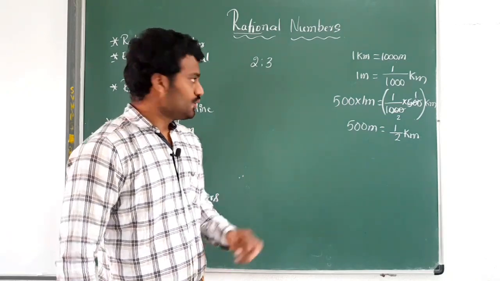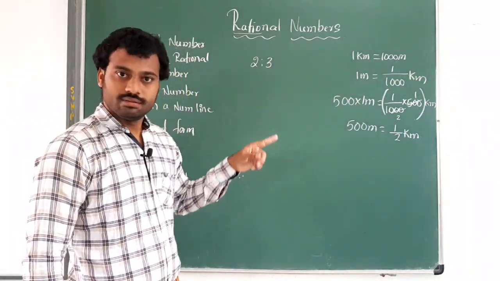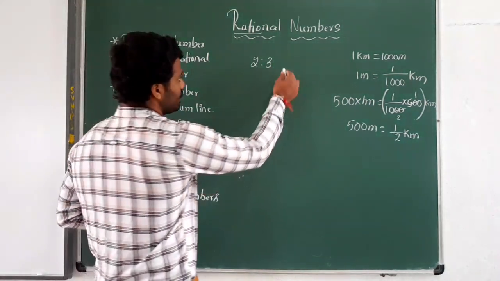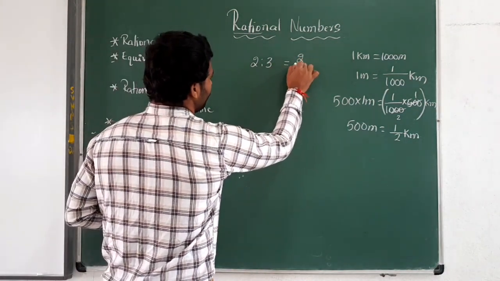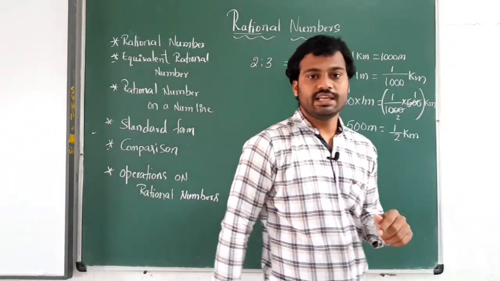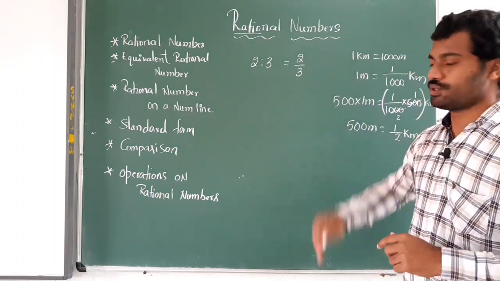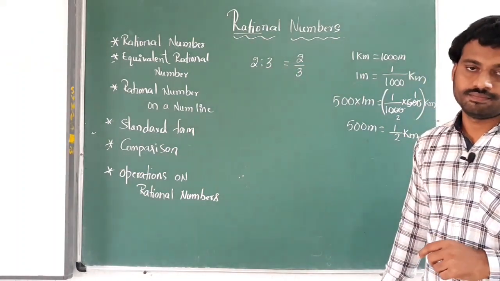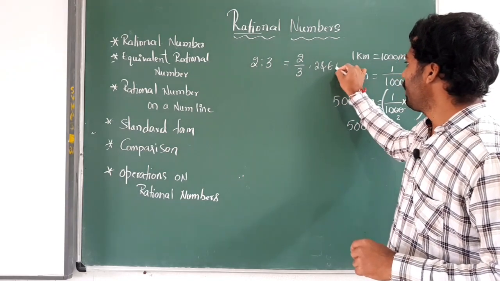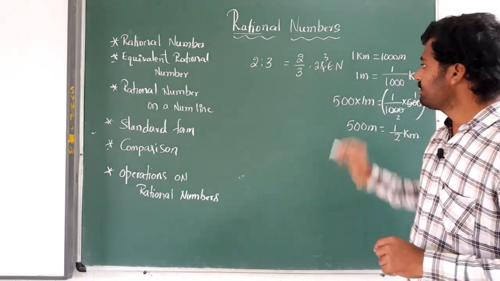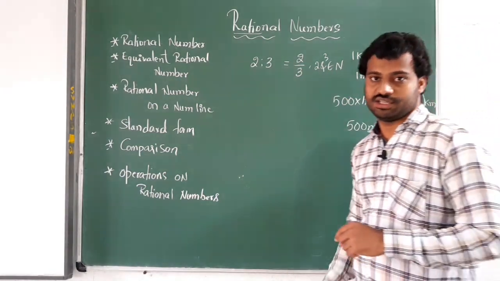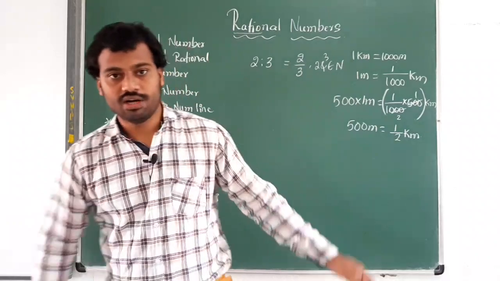This can also be written in another manner: 2:3 can be written as 2/3 also. Both are the same. Here 2 and 3 belong to natural numbers, so 2/3 is a fraction. You can even call it a rational number also.